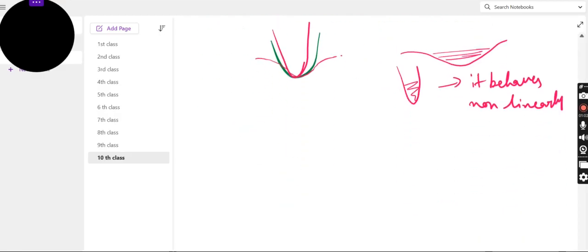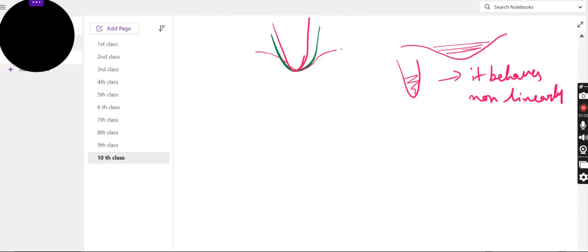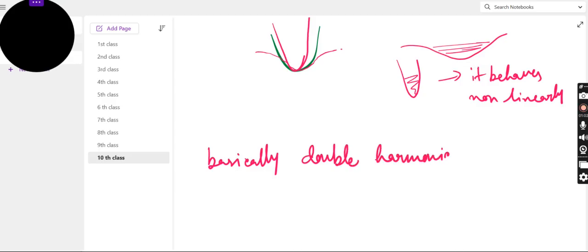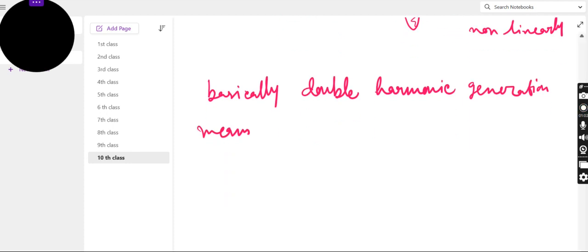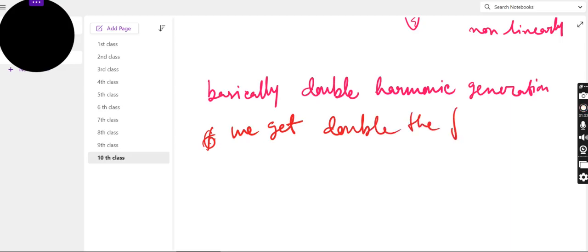So basically, second harmonic generation means we get double the frequency.